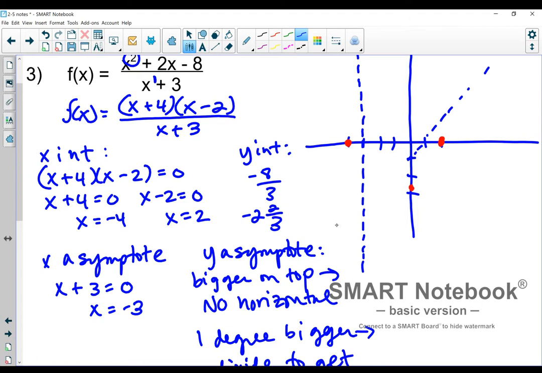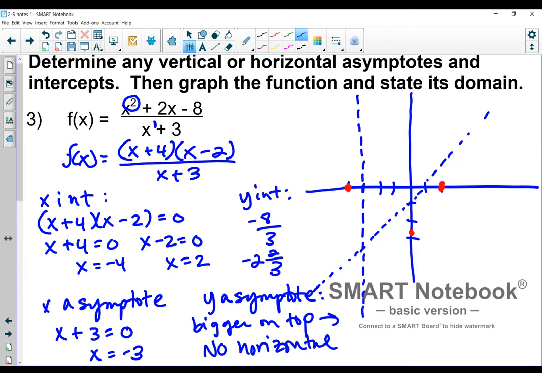I'm just trying to do the best graph I can. All right, so now I know my graph needs to hug those asymptotes and go through the points. So this one's pretty obvious, right? It's going to go like this, and this one's going to go like this. So we've got our graph.